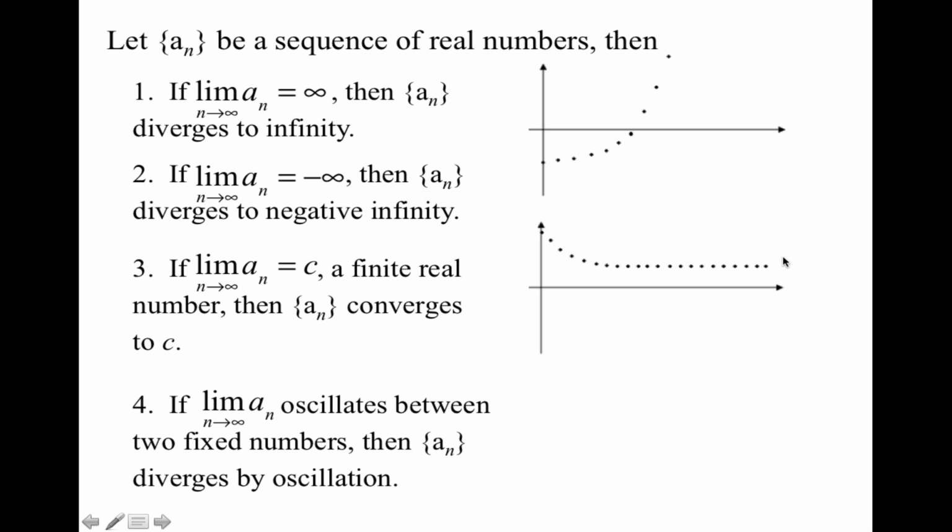And if the sequence a sub n oscillates between two fixed numbers, then a sub n diverges by oscillation. So something like this. As you can see, the graph just keeps going up and down.